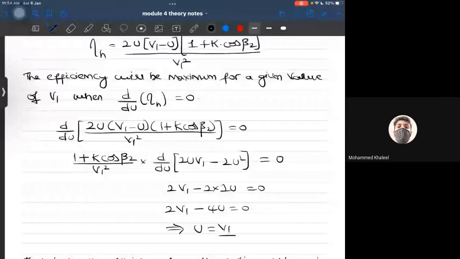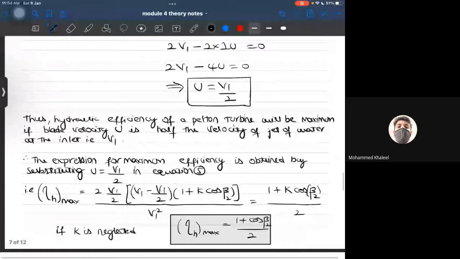And this becomes the condition for the maximum efficiency, or to be more specific, maximum hydraulic efficiency. If you want the formula for maximum hydraulic efficiency, you have to substitute U equals V1 by 2 in equation number 5.